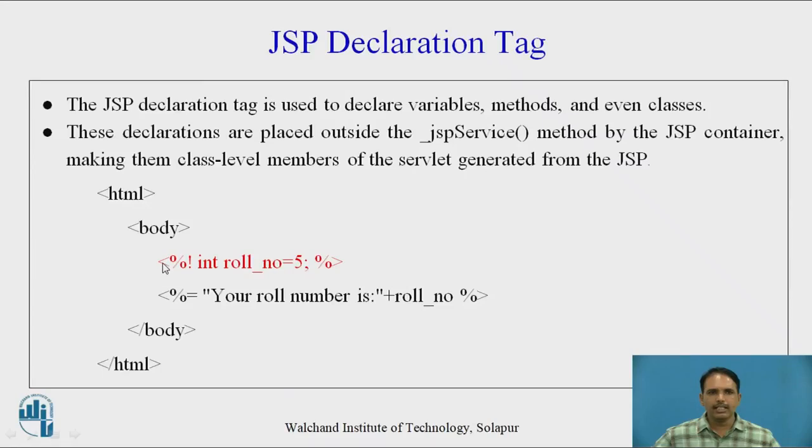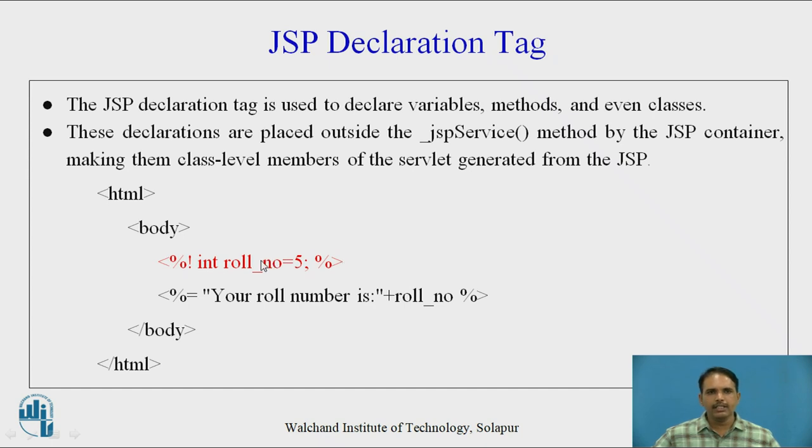Declarations tag starts with angular bracket percentage exclamation mark followed by your valid declaration statement like int rollnumber = 5 and semicolon. So here I am declaring a variable called rollnumber of type int having the value 5, and this particular tag ends with percentage angular bracket.